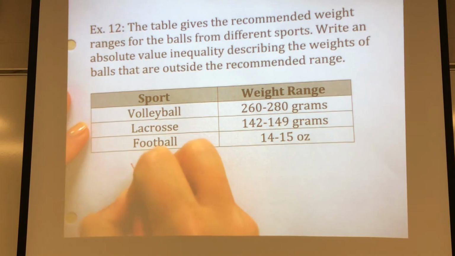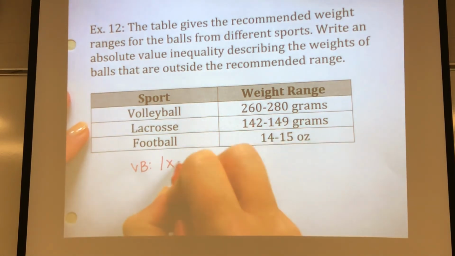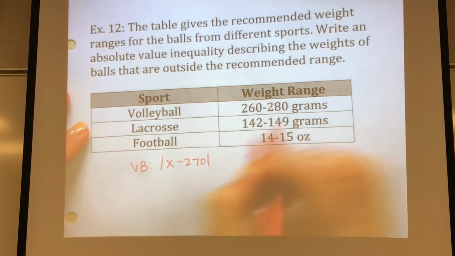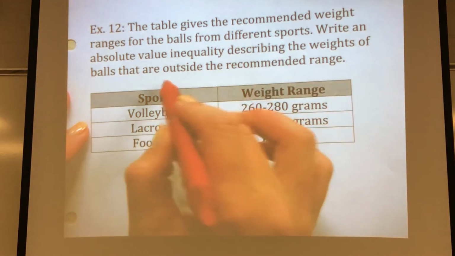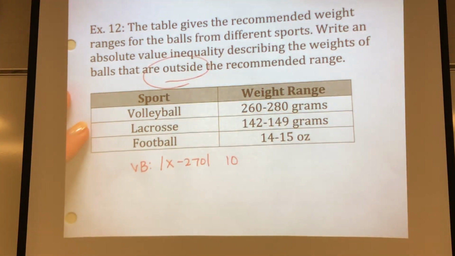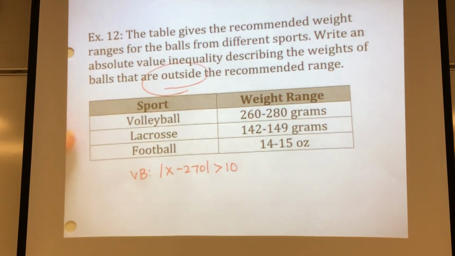All right, so volleyball, we would have our middle value is 270 with an allowable range of 10. And this one, hopefully you read the question carefully. It said it wants to know the values outside the range. So these are basically the unacceptables. So hopefully you used a greater than symbol for the volleyball.